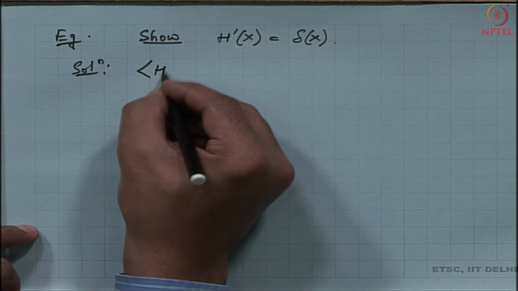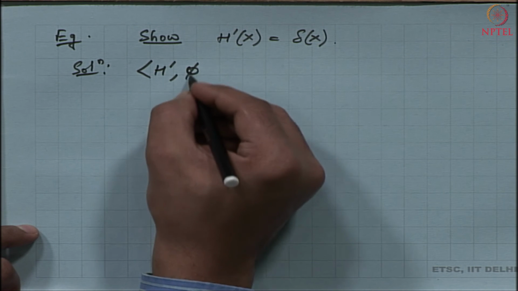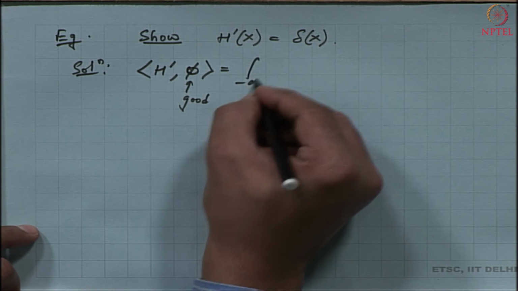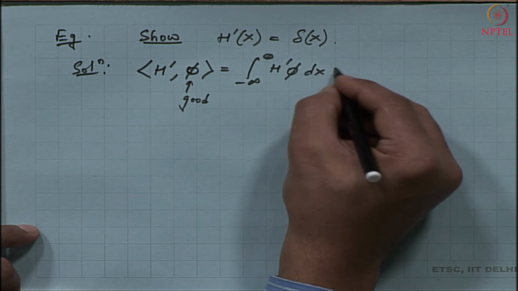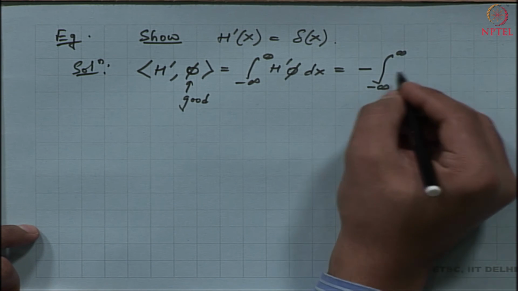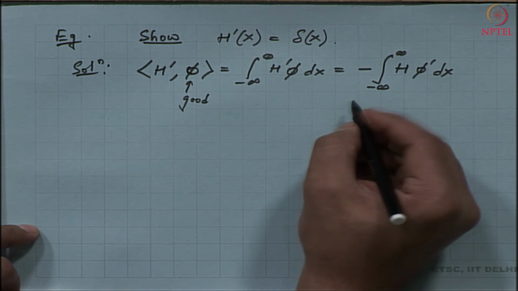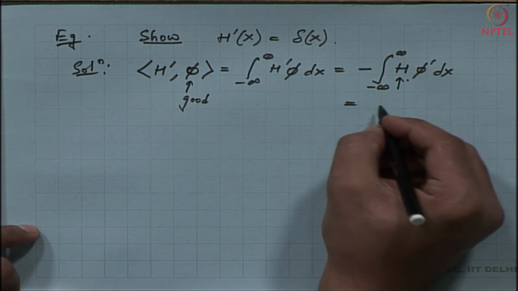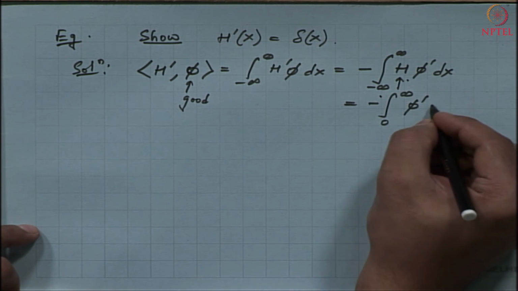Notice that if I were to use again the bracket notation, so derivative of the Heaviside function applied on a good function, this is integral minus infinity to infinity h prime of phi dx, and then again using my definition described earlier, this is negative integral from minus infinity to infinity h of phi prime dx, and of course using my definition of Heaviside function, this becomes negative integral from 0 to infinity phi prime dx.